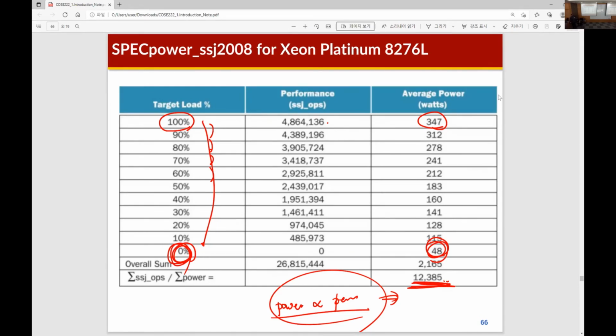Google pays. So the company needs to reduce the electric power consumed by its data center. The problem is that the power consumed by a server system is not proportional to the workload level. If the power consumption were proportional to the workload level, then everyone would be happy, including Google, the data center owner. But it's not proportional. So this is another research topic in computer systems.